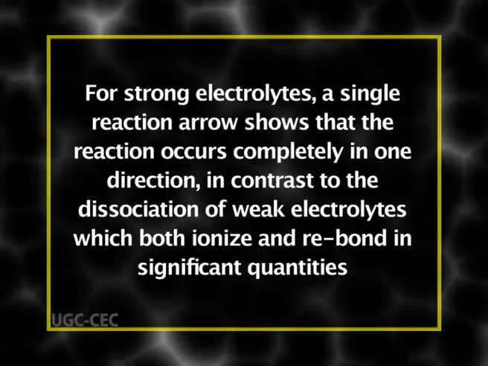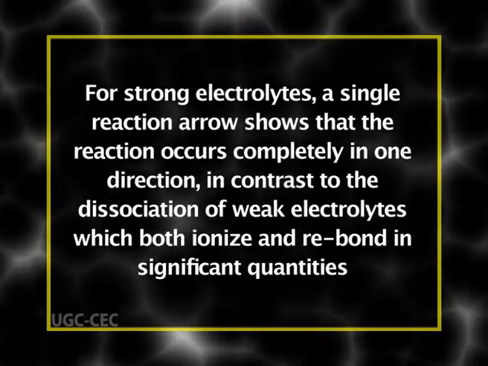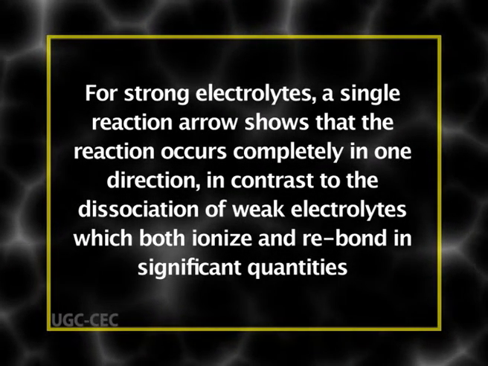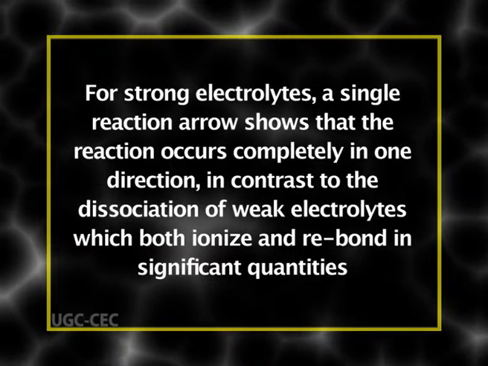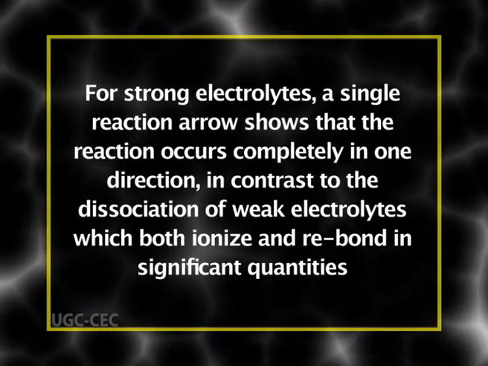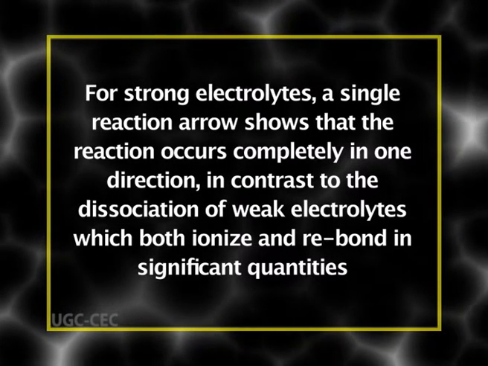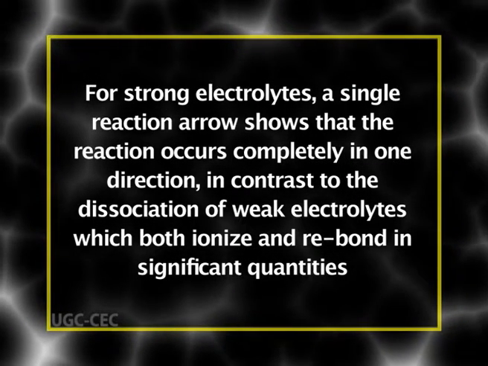For strong electrolytes, a single reaction arrow shows that the reaction occurs completely in one direction, in contrast to the dissociation of the weak electrolytes, which both ionize and rebond in significant quantities.